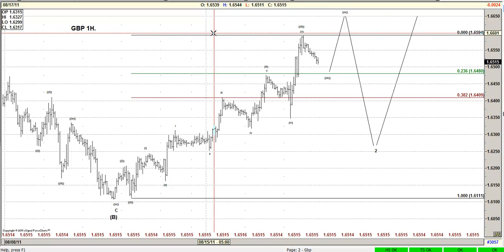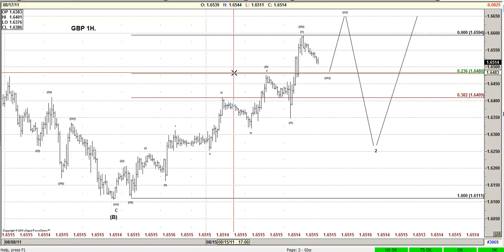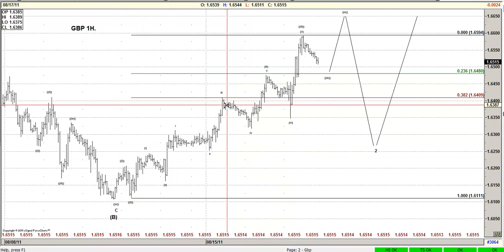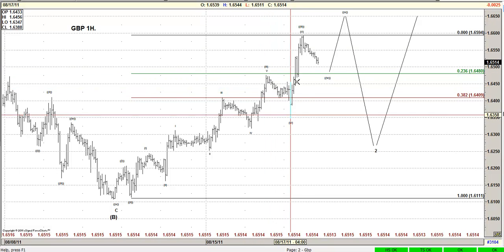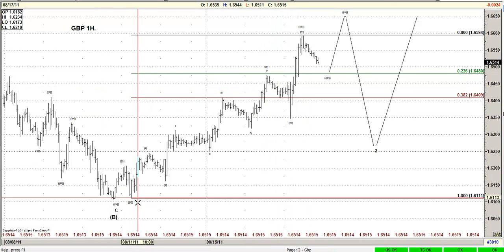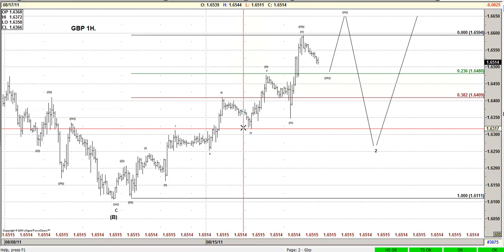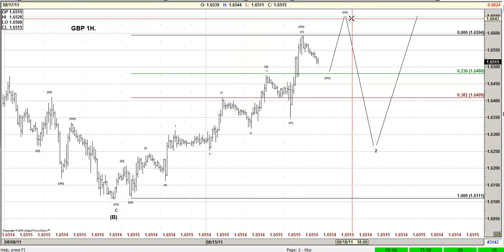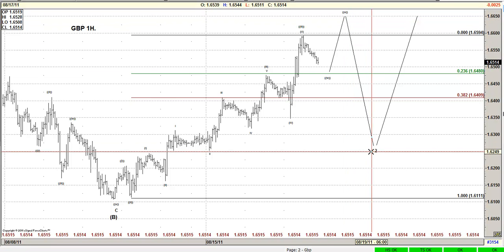Still, in the long time frames, I don't see divergence on the pound. That's why we label it like this: 1 2 1 2 1 2 3 4 5 3 4 and 5. We see 1 2 3 4 5 6 7 8 9 10 11. We need a 12 and a 13, and we see the pound after three backs testing the high of 167 or higher.